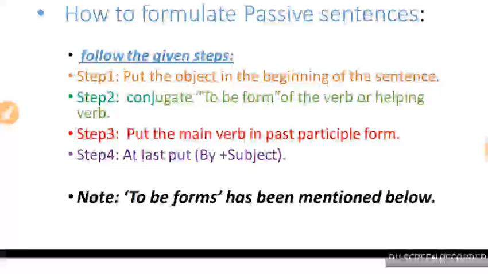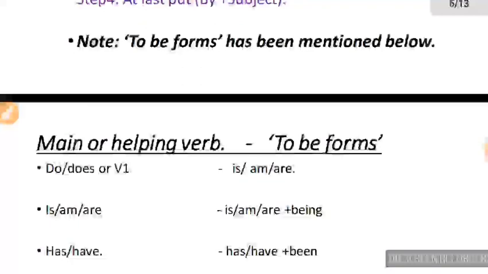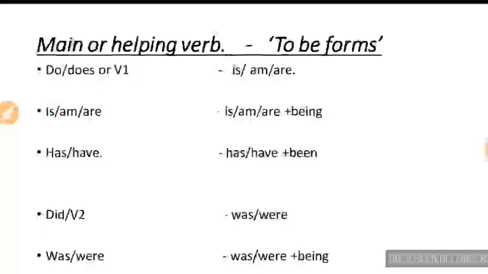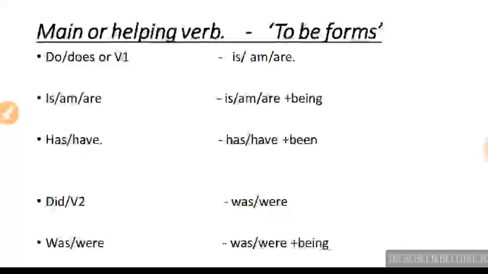The to be forms have been mentioned in the below table. So let's have a look at the table. To be form. If there is do, does or the first form of verb in the active sentence, then these verbs will be changed into is, am, are.